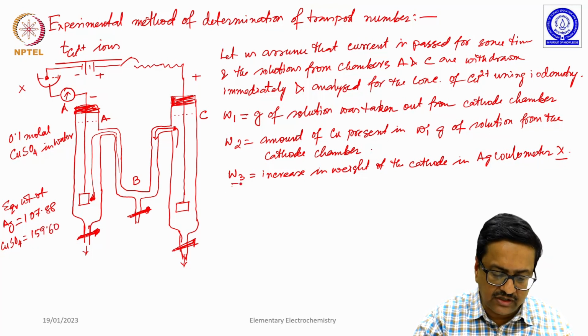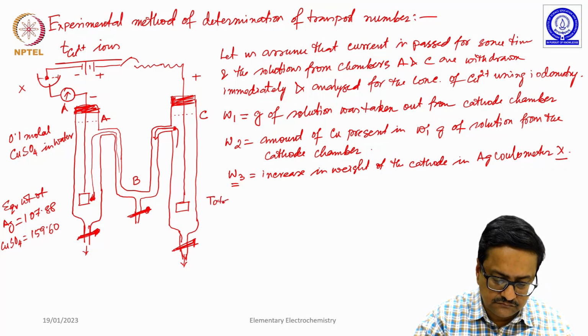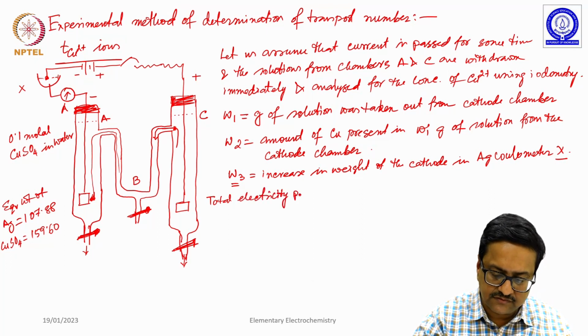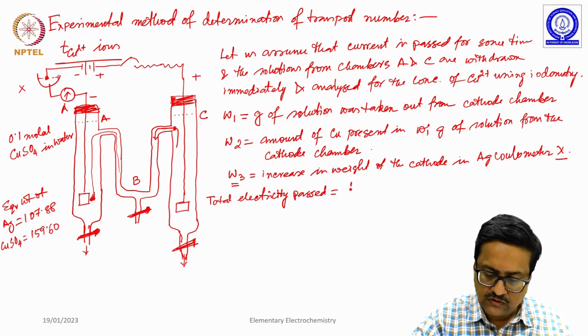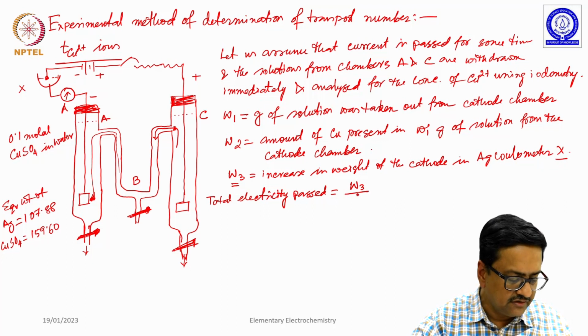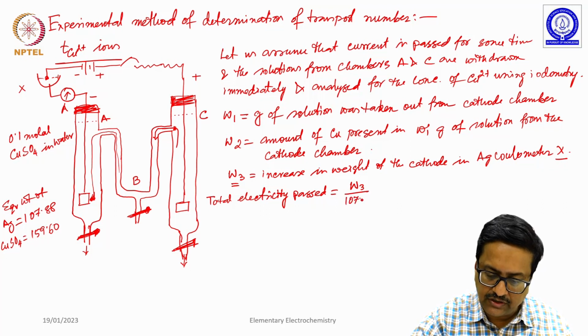So, from this quantity W3 we can calculate that the total electricity passed is equal to W3 by 107.88, that is, suppose Z Faradays.